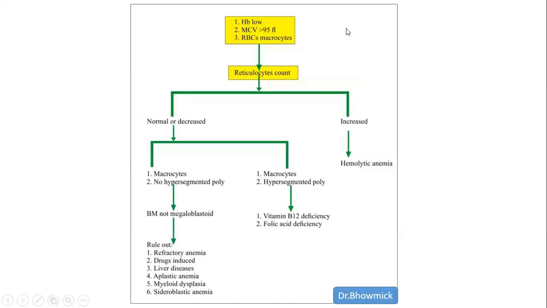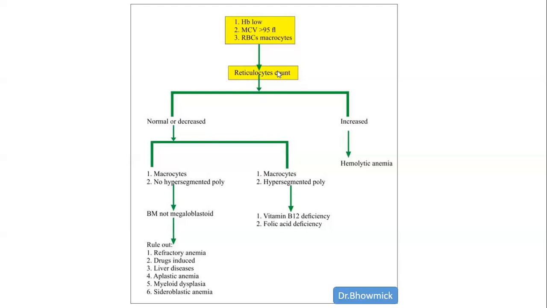What next? Next, we can say if the patient presents with low hemoglobin, MCV is more than 95, RBC is macrocytic, meaning a little bigger, we have to count reticulocytes. As I told you, a reticulocyte is a cell just before the mature cell.